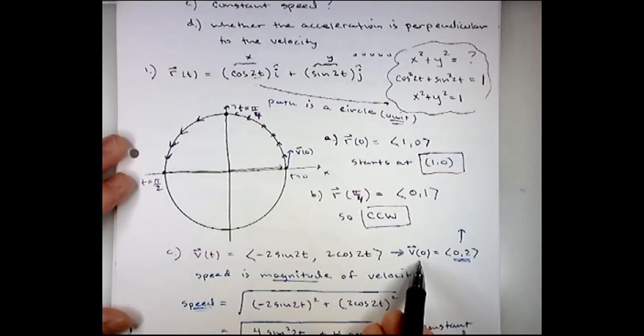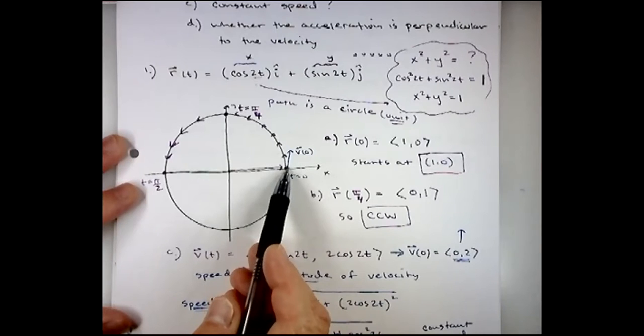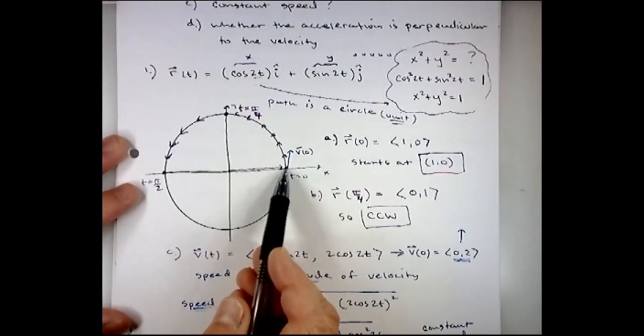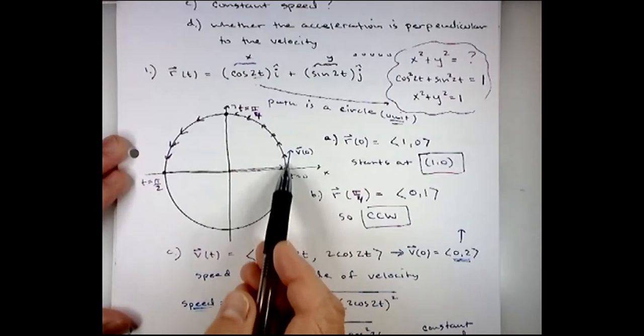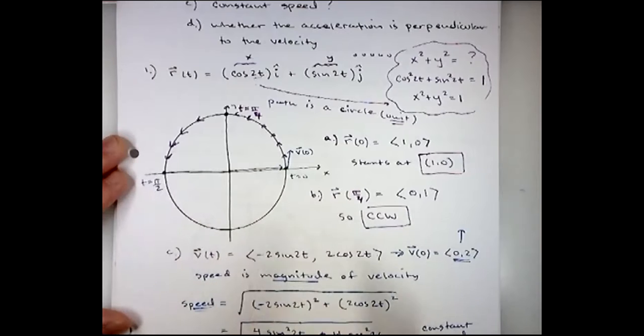My velocity vector when t is 0 gives me 0, 2. So that's this vector here, that's pointing straight up. And so that would tell me that my initial velocity is moving this way, so it makes sense that the particle is moving counterclockwise around the circle.